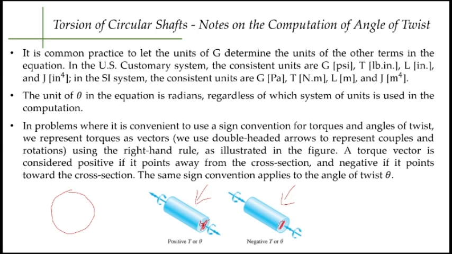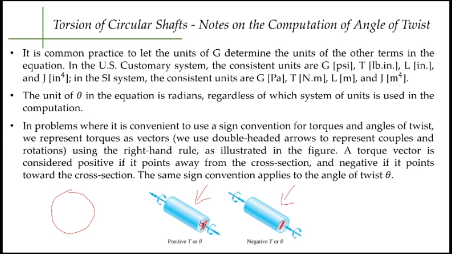Of course, the opposite is the negative torque. As long as it follows the right hand rule, then that is positive. Opposite to that is negative. You have to be very consistent.